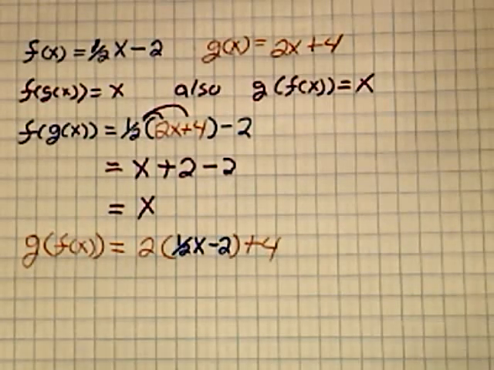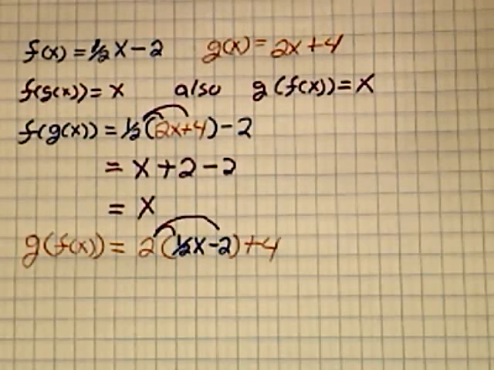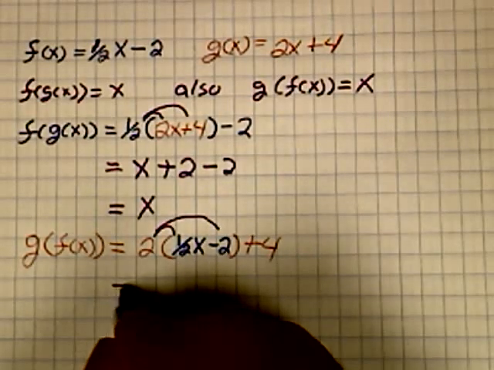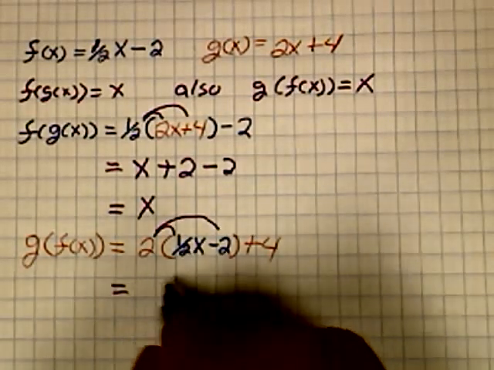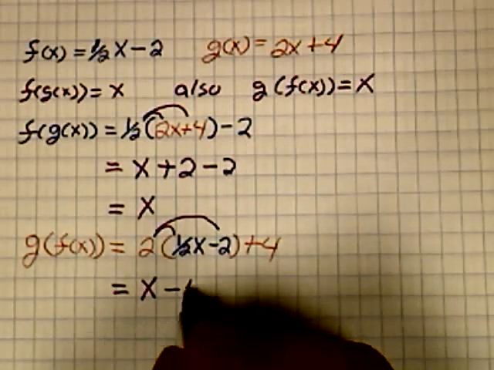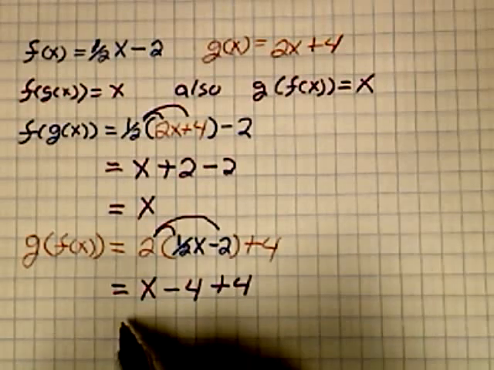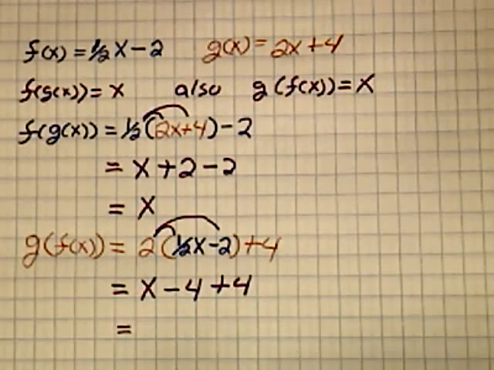Once again, I'm going to use the distributive property to multiply that out, giving me 2 times 1/2 x and 2 times negative 2. Still have the positive 4. When I combine my terms, I end up with x.